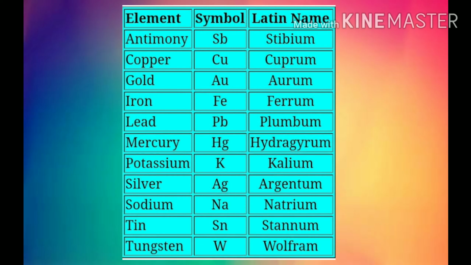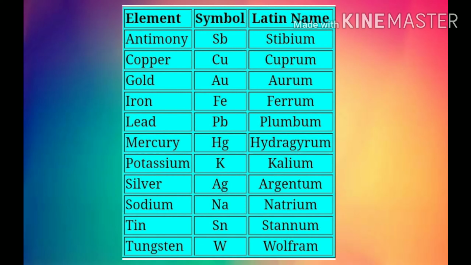So according to Berzelius, what do you find? The first point is to take the first letter of an element and write it in capital. For example, the formula of carbon is C, oxygen is O, nitrogen is N, hydrogen is H. And the second one is, if the first letter of more than one element is the same, the elements are denoted by two letters, and the first letter is in capital and the second one is small.